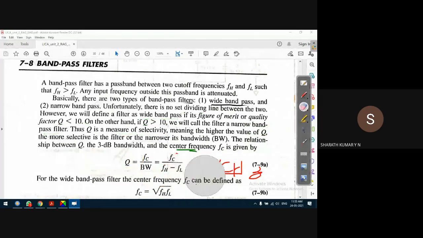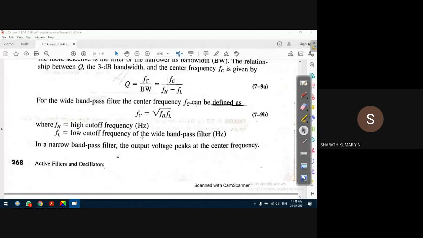So that's the relation between the quality factor of the filter, the center frequency and the bandwidth of the filter. For a wideband pass filter, FC is given as the square root of FH times FL.